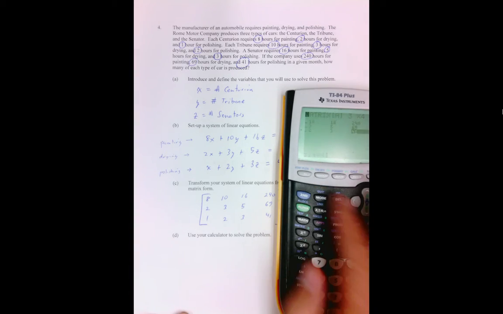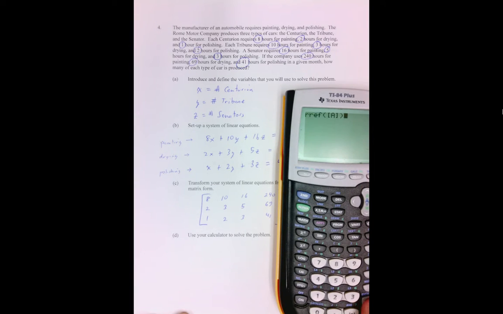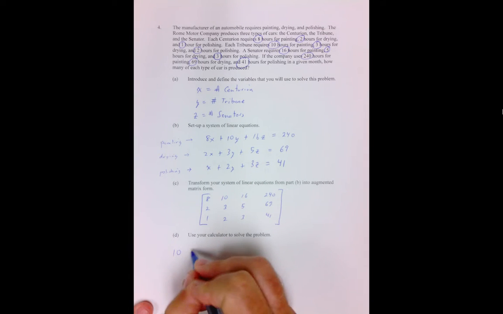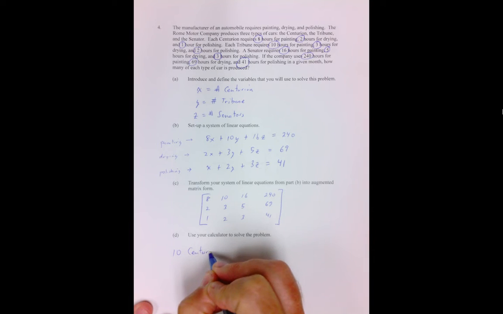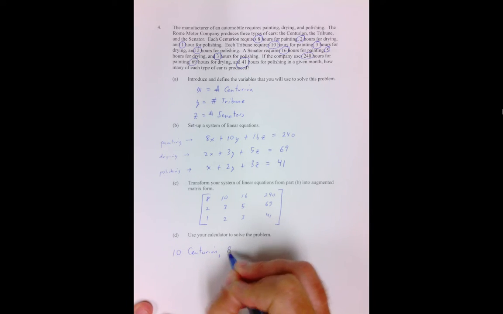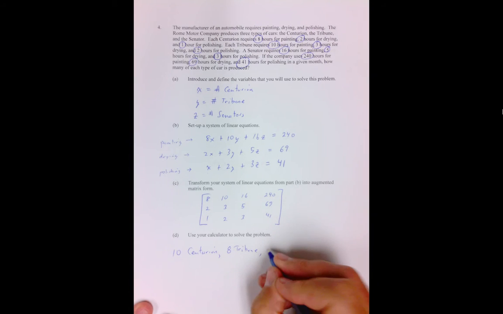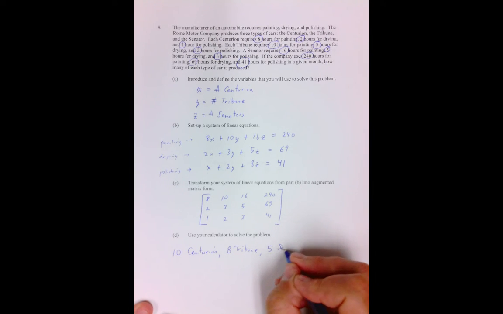All right, probably got what we need. There it is. So we have 10, 8, and 5. And we're done.